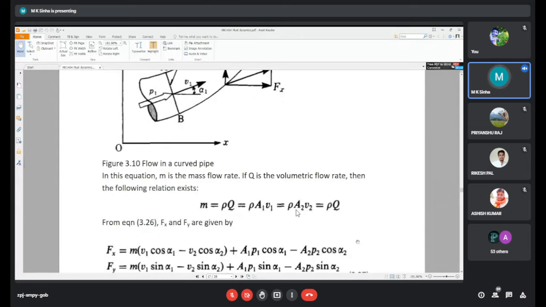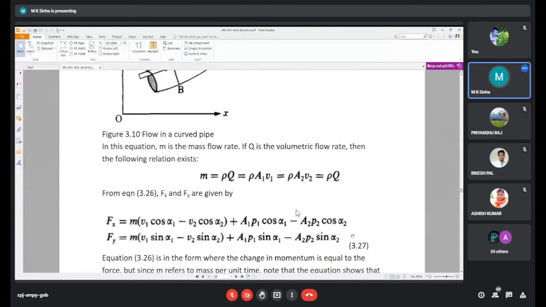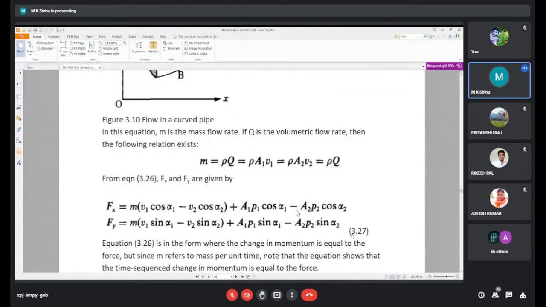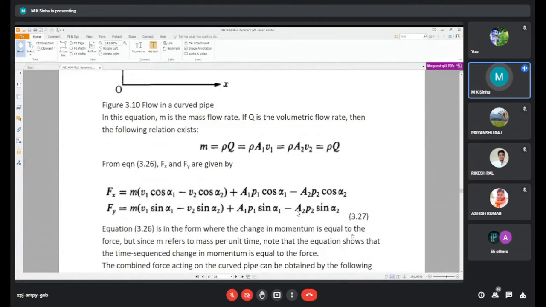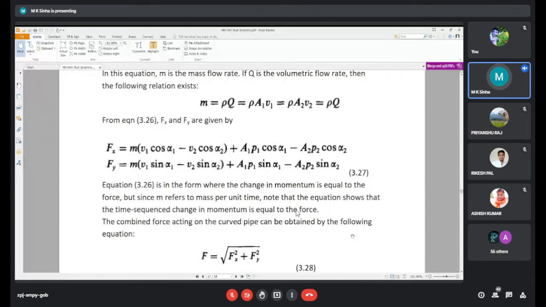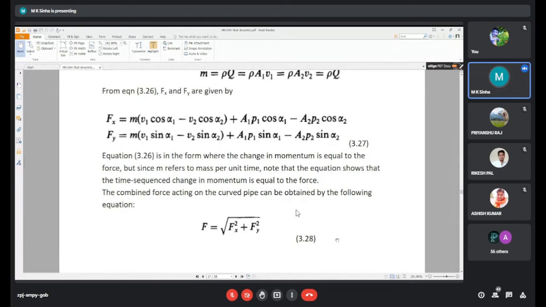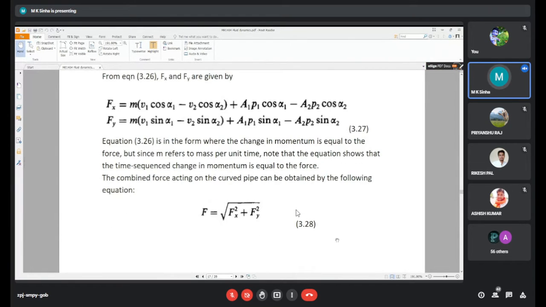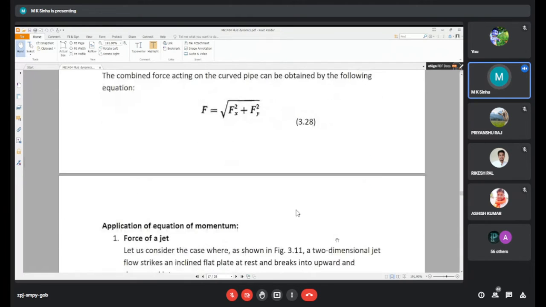So mass is replaced by rho into Q, and rearranging gives the equation where the change in momentum equals the force. Since this refers to the mass per unit time, the equation shows that the time rate of change in momentum is equal to the force. This is the resultant force.